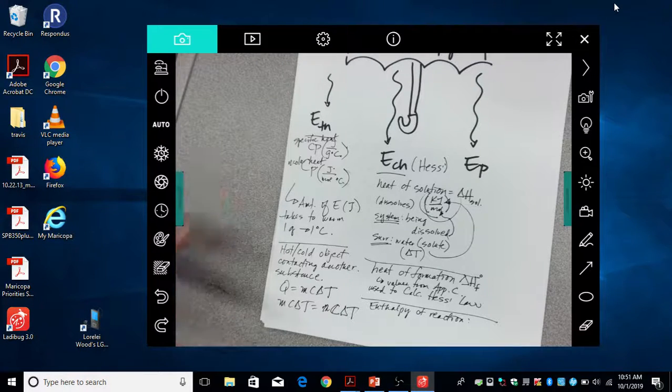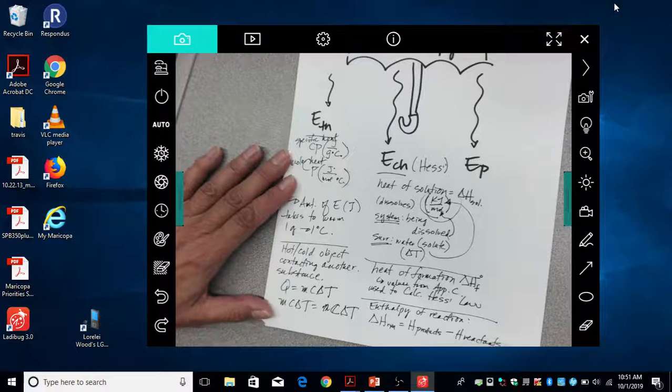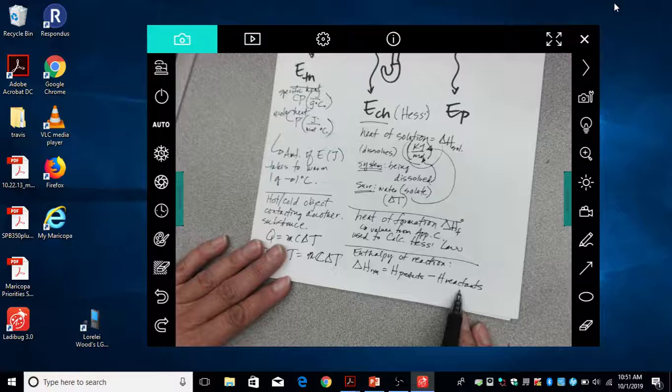The enthalpy of the reaction is basically this idea of Hess's law, where the enthalpy of the reaction is equal to the enthalpy of the products minus the enthalpy of the reactants. Right? That's because you have to add energy in to the reactants to get the bonds to break.